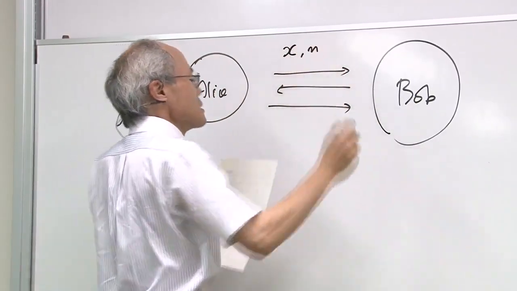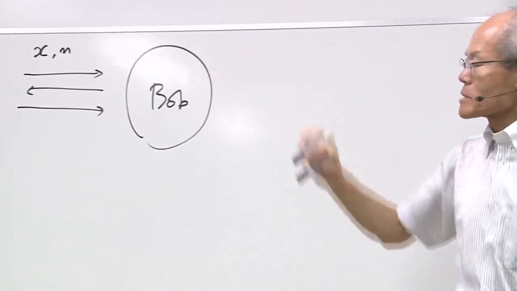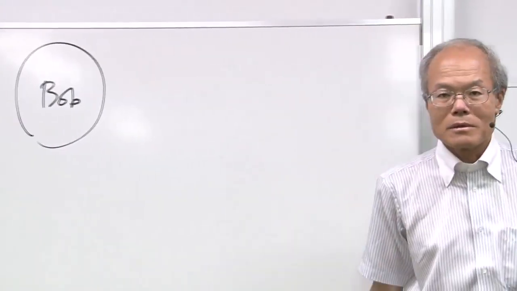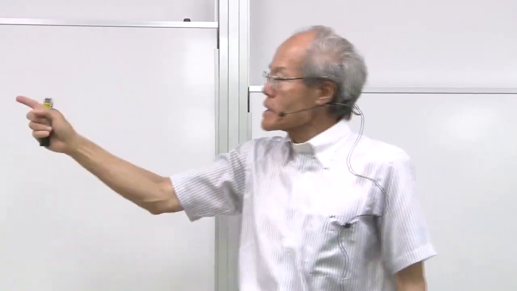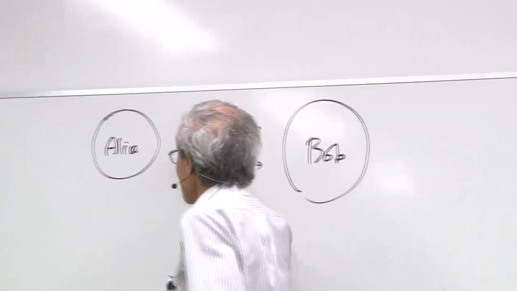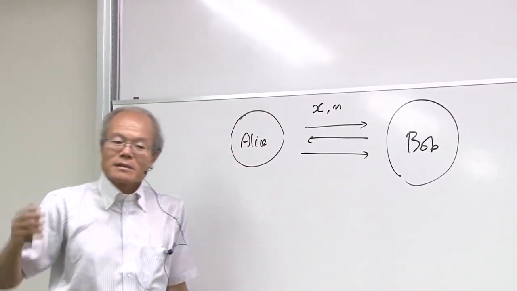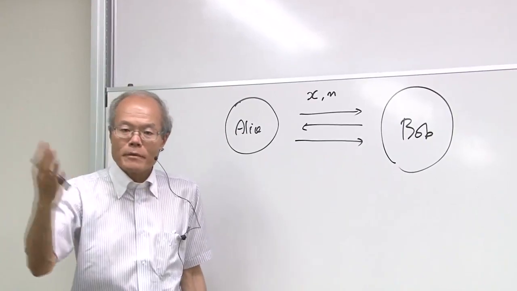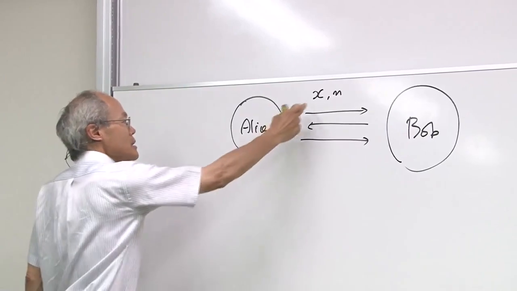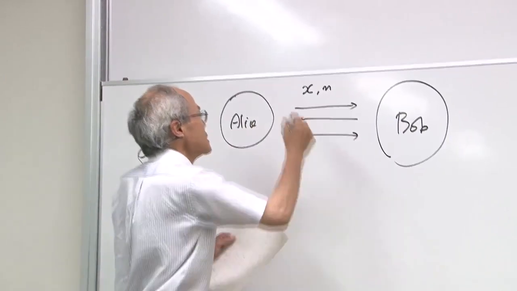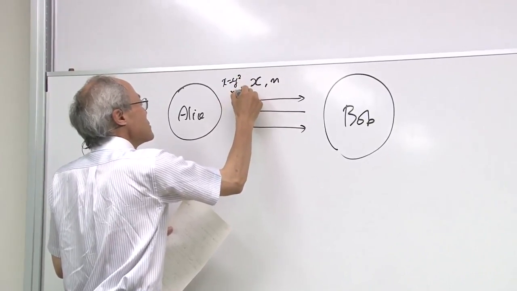Then, following this protocol, Alice can prove that integer x is a quadratic residue to Bob, but Alice does not reveal any information about the answer. x is y square mod m.